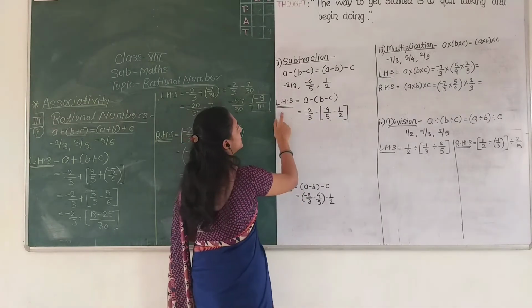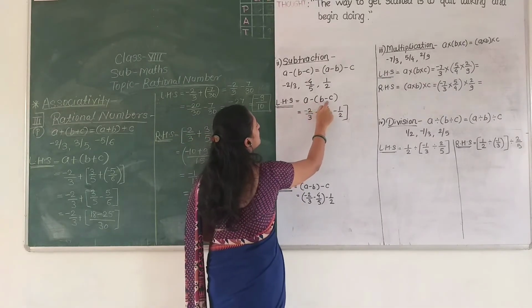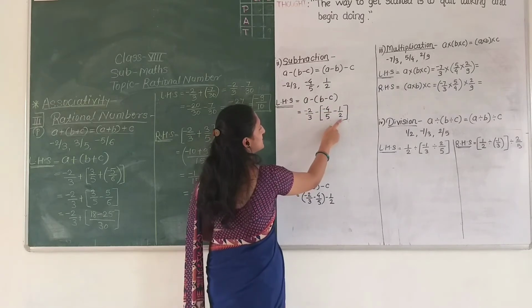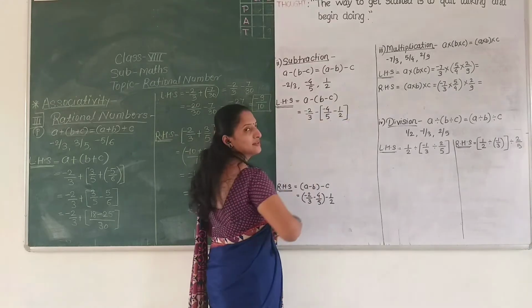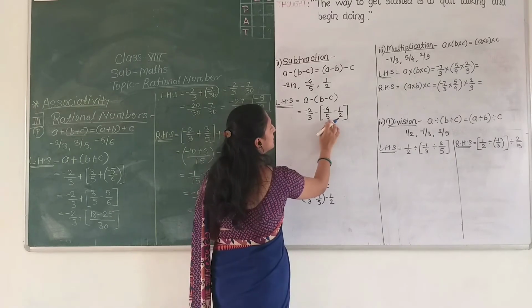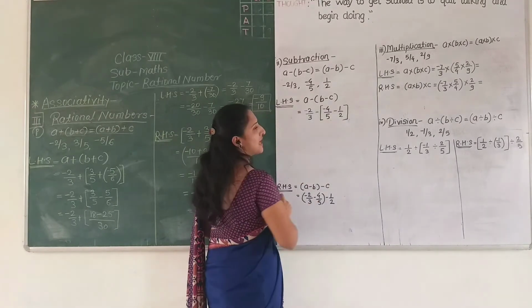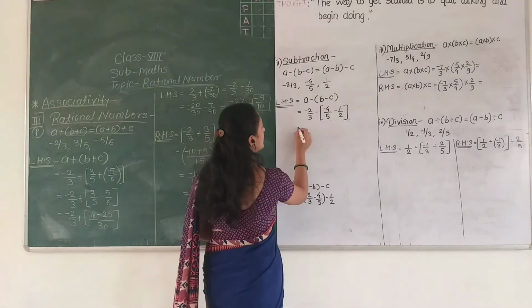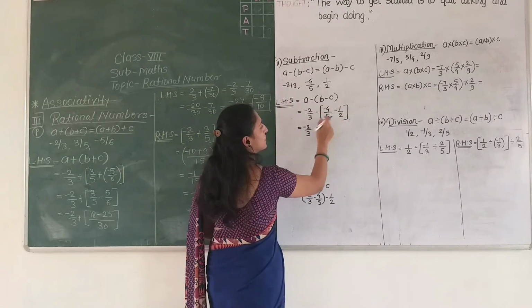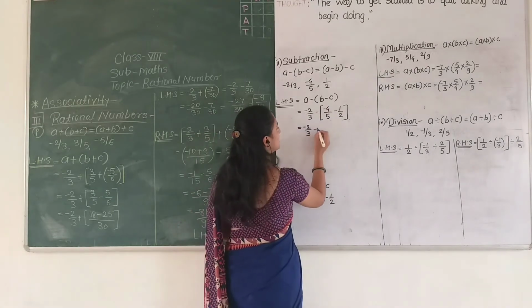So, shall I start? Okay. So, LHS is A minus (B minus C), substituting values of A, B and C. Now, we have to solve the bracket first. In this bracket, denominators of the two fractions are different, so we have to take cross multiplication, right?